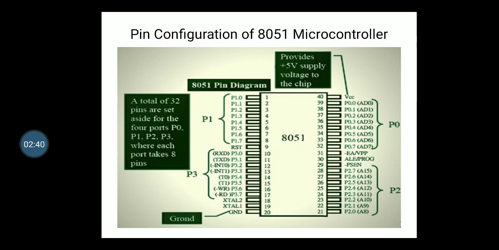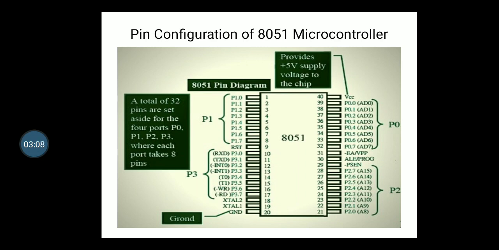So the first 8 pins are used with port 0, and the second 8 pins for the address bus are used from port 2. Okay, I hope you understand. There are total 16 bits for the address bus, so we need 16 pins. The first 8 pins are the same as port 0, and the second 8 pins are taken from port 2.